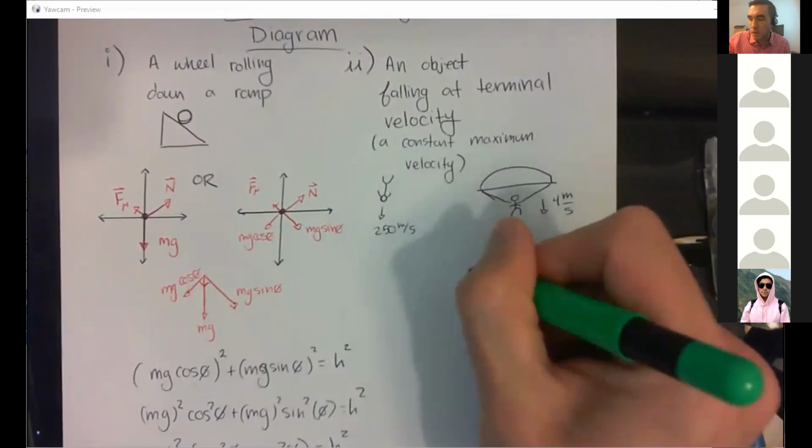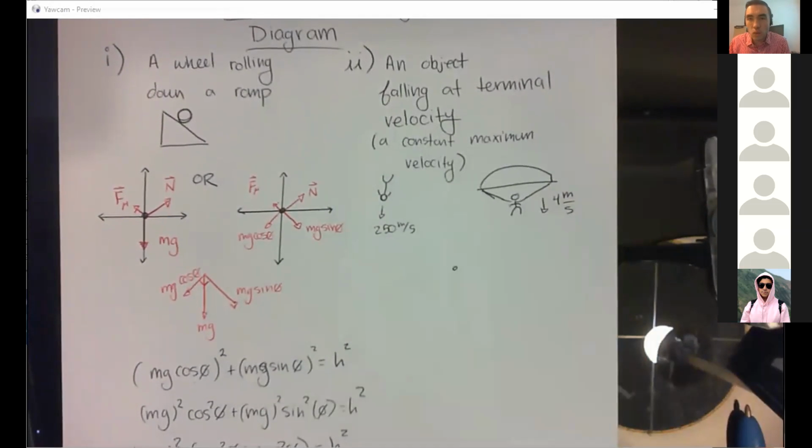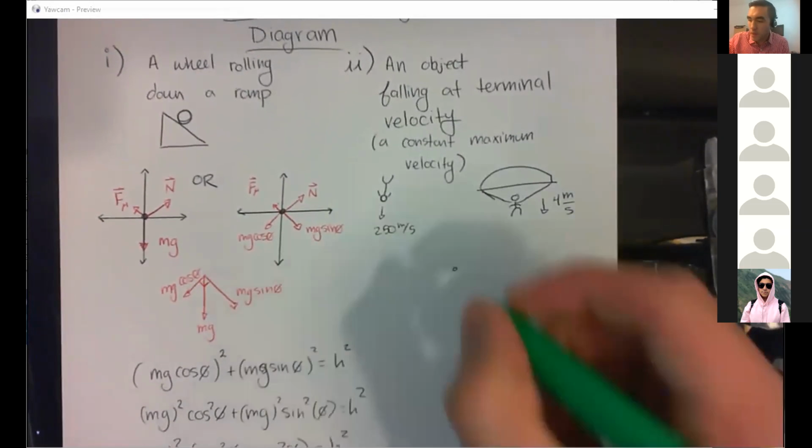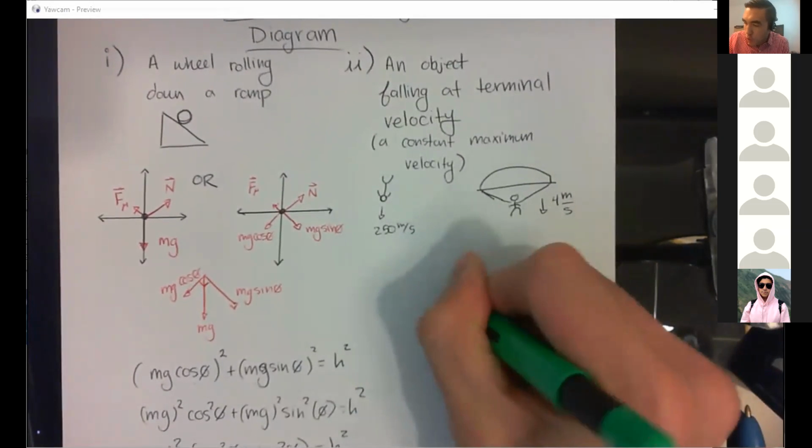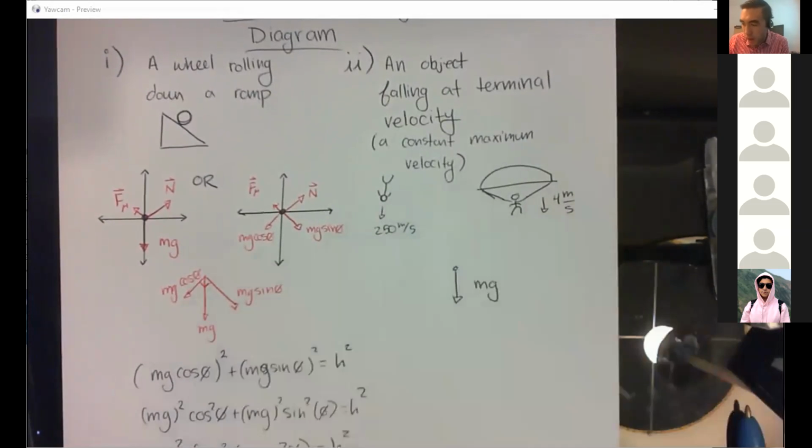So I'm going to go ahead and put down my person, and what forces are here? mg down. That's the free one. If you are falling, it's because you are on a planet with gravity, so there must be some mg. What other forces here, and how do we know? There is air resistance, and how much air resistance is there?